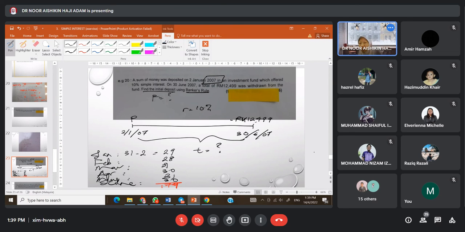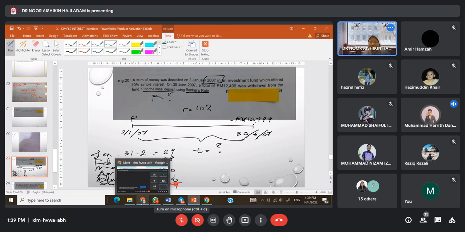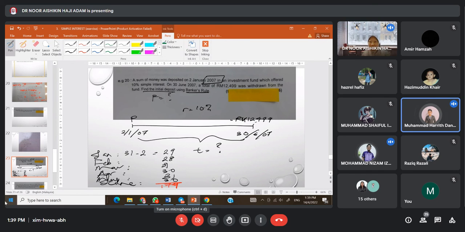Formula apa kita nak guna? Class? Formula? Nak dapat P? Kena panggil nama ni. Tak menyaut. S equals P times 1 plus RT. Saya takut you ada ngantuk ni.